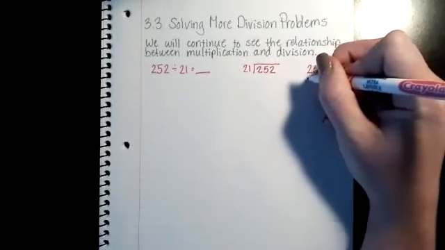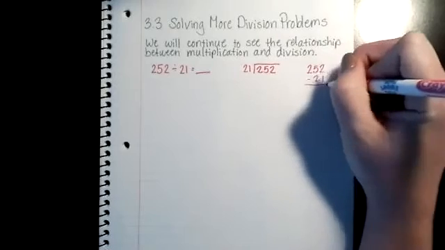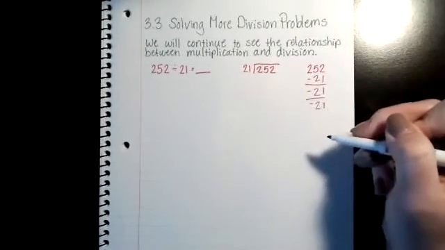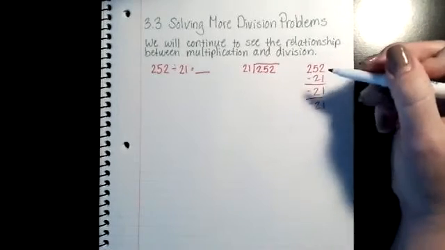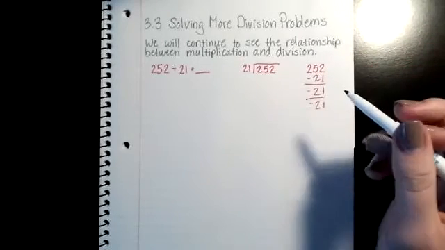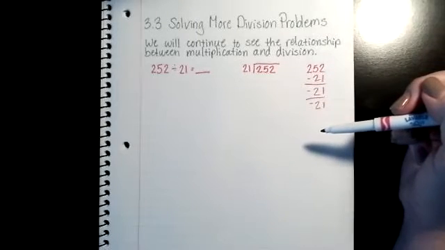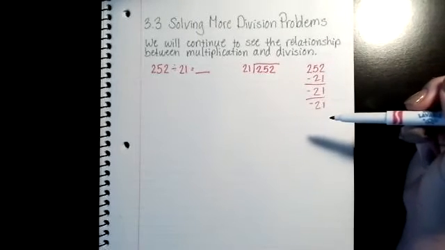However, if I just take away 21 and then minus 21 again and again, it's going to take me a long time. Using that strategy is probably going to be pretty time consuming.